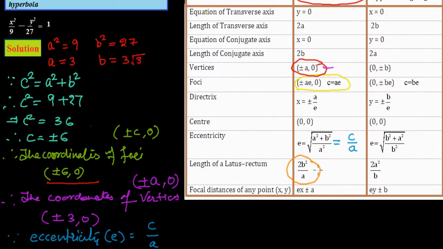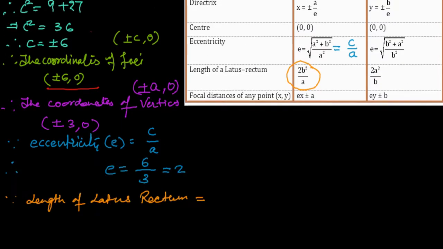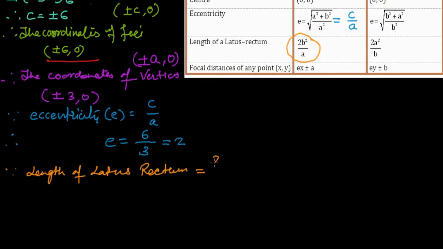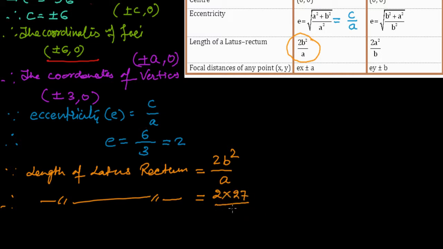This is the length of the latus rectum, and b square we have 27 and a is 3. So 2b square upon a we have to put here. Therefore the length of latus rectum is equal to 2b square is 27 and a is 3.